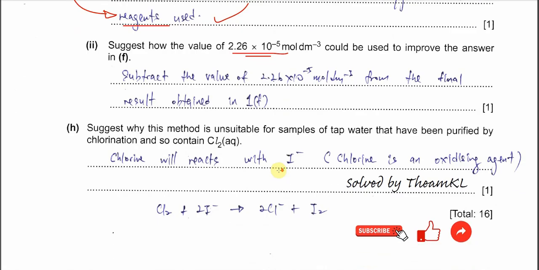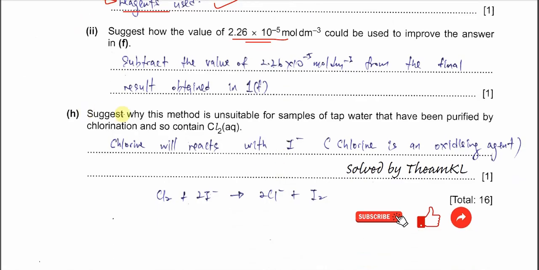That's the improvement. So part H, suggest why this method is unsuitable for the sample of tap water that has been purified by chlorination, and there will be some chlorine there. This is very easy.